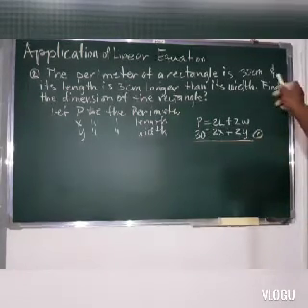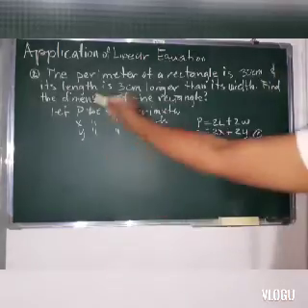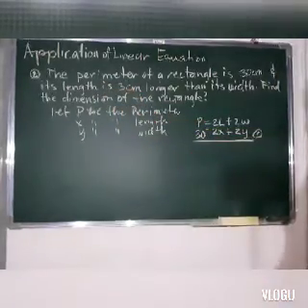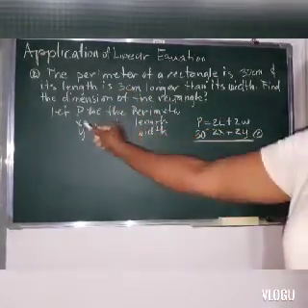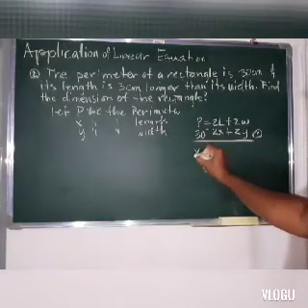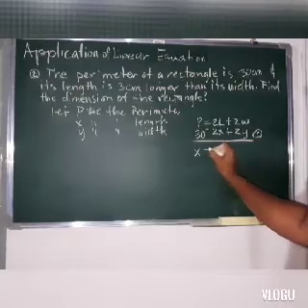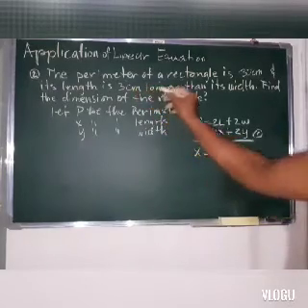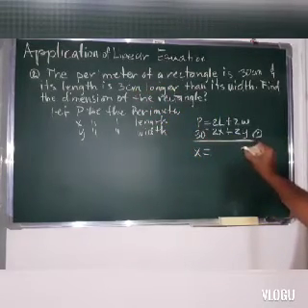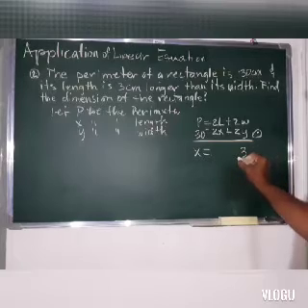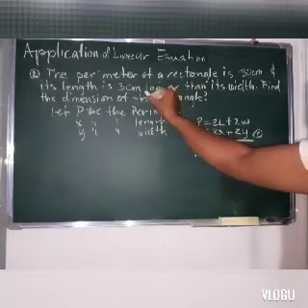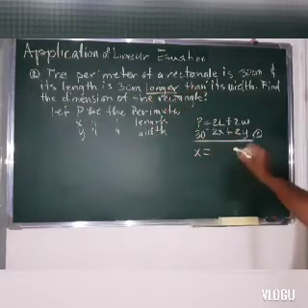Next. And its length is, what is our length? The length is X. So the length is equal sign 3 centimeter. So 3 centimeter longer. Longer means plus sign.